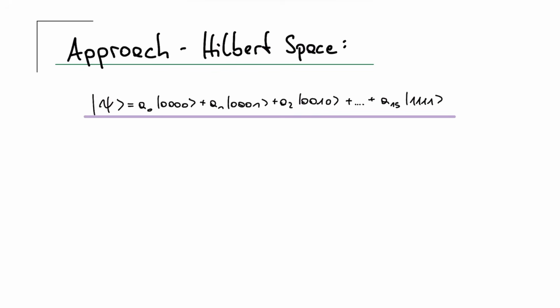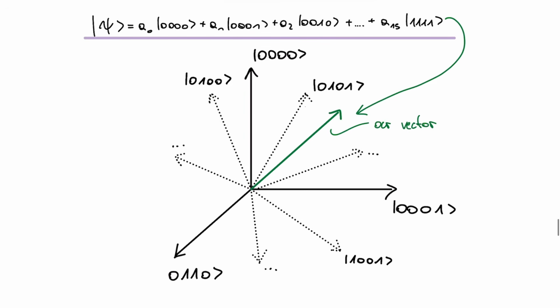Here I tried to make a simple sketch to visualize the Hilbert space. Of course, you can't actually draw a 16-dimensional space, that's impossible, but this is just meant to give an intuitive picture. I've drawn a few example states schematically. The dotted ones are just placeholders to show that it's not a realistic representation. In reality, there would also be 16 in total.